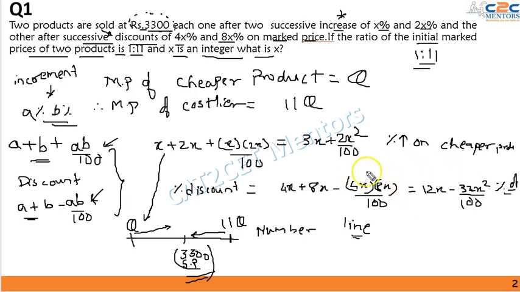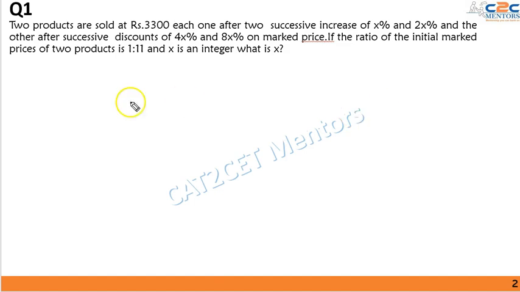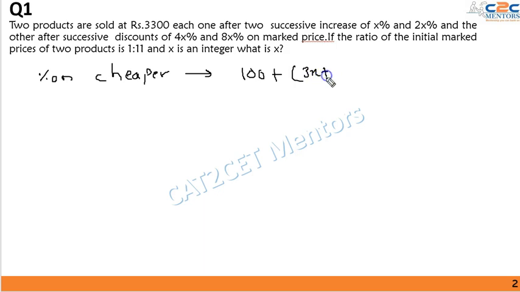Now moving on, I hope you have written all of this. Now what I am given is that the percentage increase on the cheaper product will be equal to 100 plus 3x plus 2x square upon 100, all upon 100.